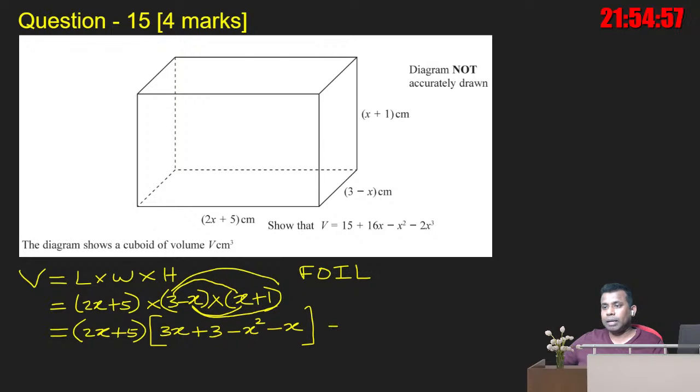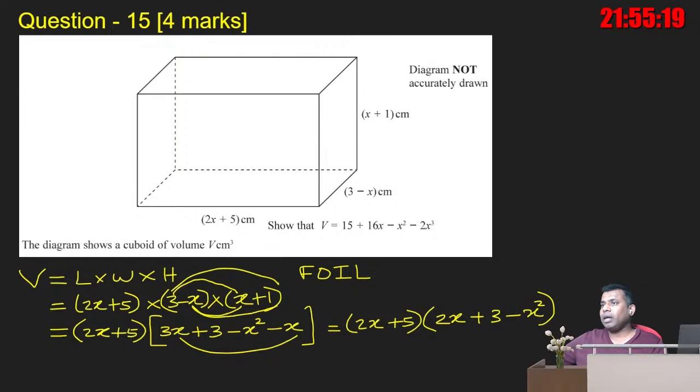Further, I'm going to expand this one. So 2x plus 5 times the next bracket, which is 3x minus x, which is 2x, plus 3 minus x squared, right? So I'm going to start here: 2x plus 5 and 2x plus 3 minus x squared.